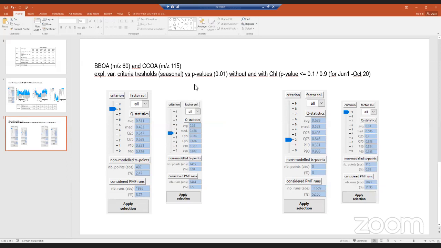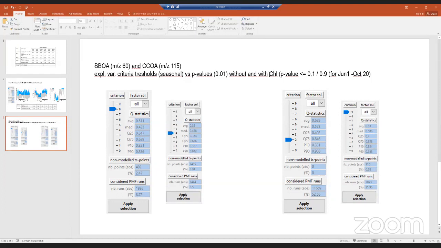I then looked into using the seasonal thresholds only for the explained variation, which is this first window, and I end up with 2.5% of missing data. Whereas if I don't use the seasonal threshold for the explained variation but the p-value, I end up with 0% of missing data.